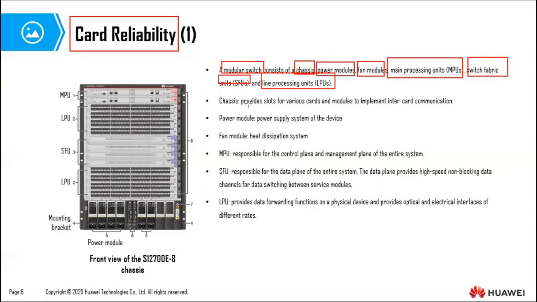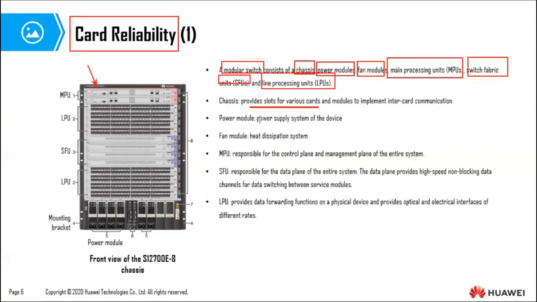So the chassis provides the slots for various cards. You can think of the chassis really as the system case. This frame that is holding the entire switch is what we call the chassis. It provides slots for various cards and modules to implement inter-card communication.